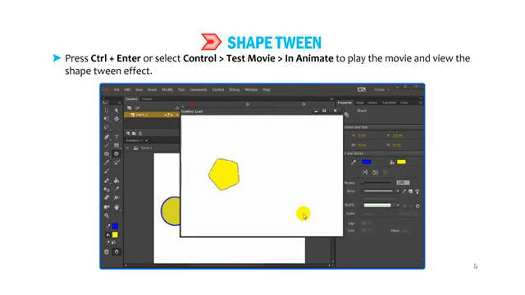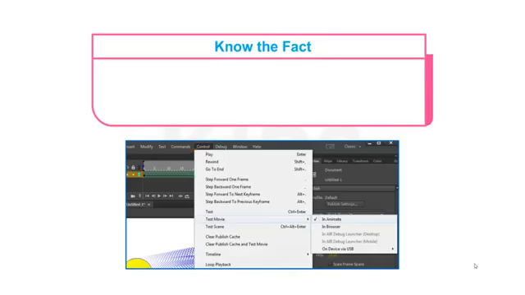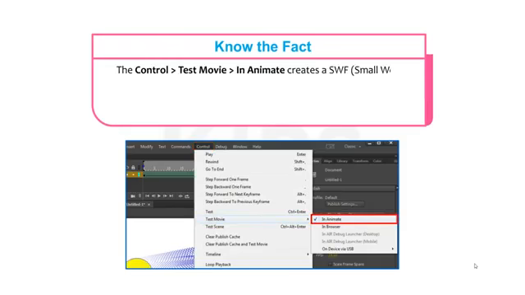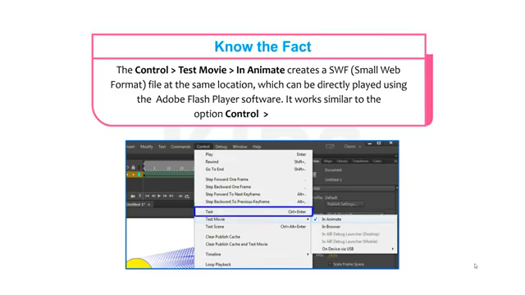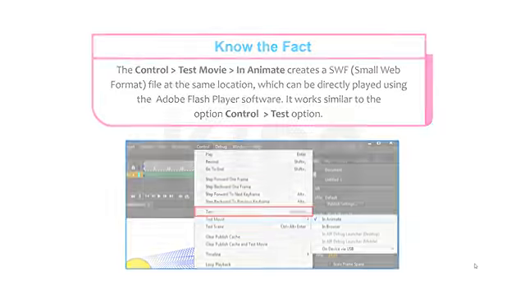Know the fact: Control, then Test Movie, then In Animate creates a SWF (Small Web Format) file at the same location, which can be directly played using the Adobe Flash Player software. It works similar to the option Control, then Test.